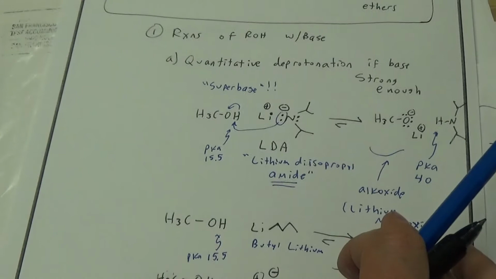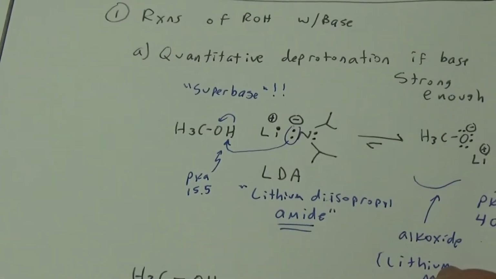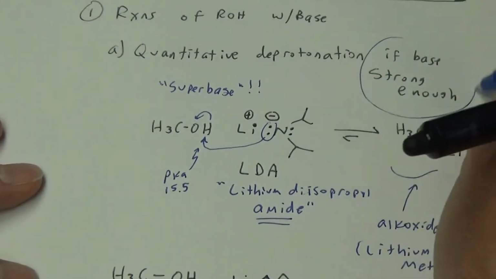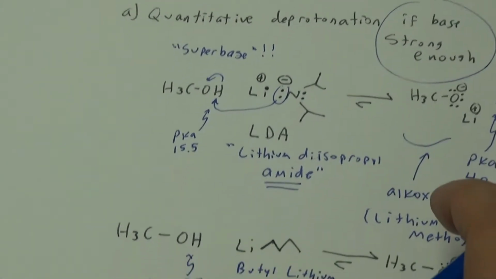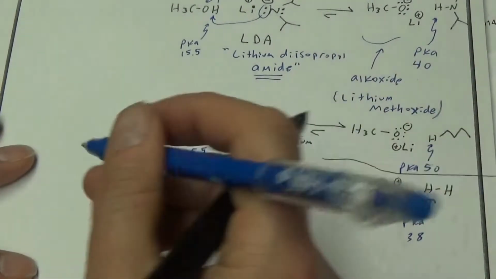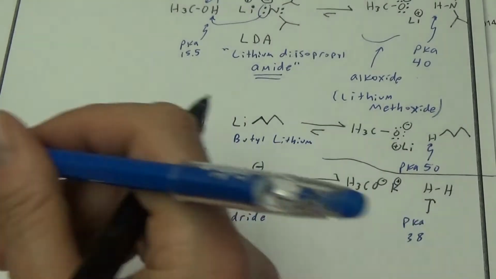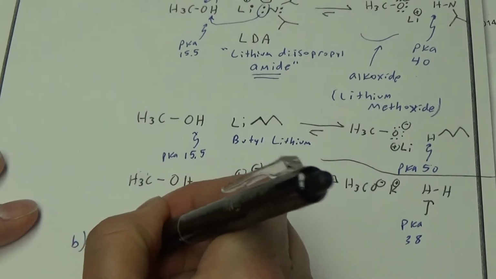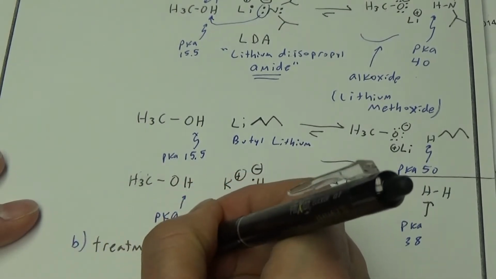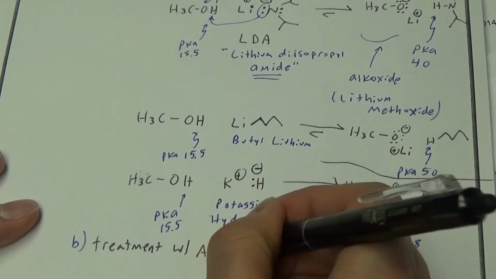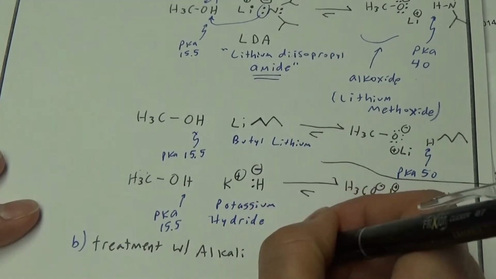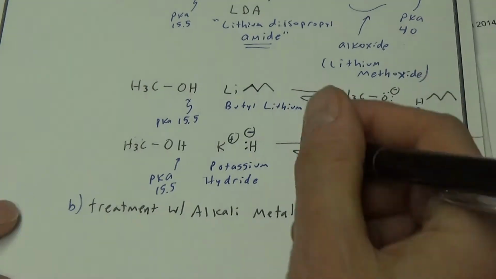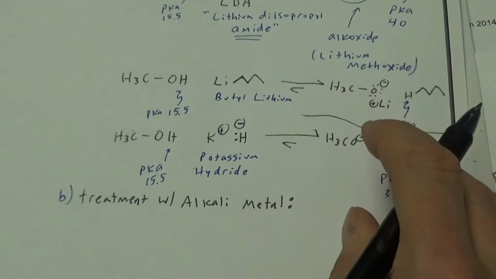Another way the book mentions is quantitative deprotonation, if the base is strong enough. Another way that the book mentions is treatment with an alkali metal. So this is not an acid-base reaction, but it is a cool way, and it works well in the lab.